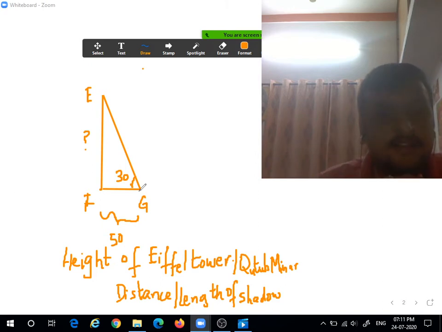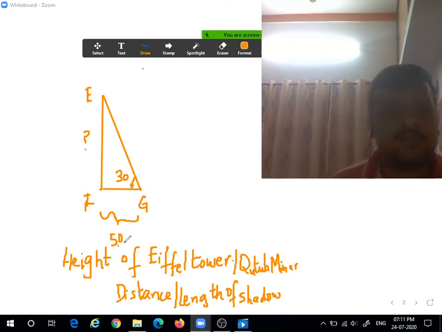When the sun falls on any object, it casts a shadow, and we can easily measure the length of the shadow with a scale or measuring tape. And the angle of elevation is the angle at which a person standing here is viewing, so we can find the angle and we know the length.